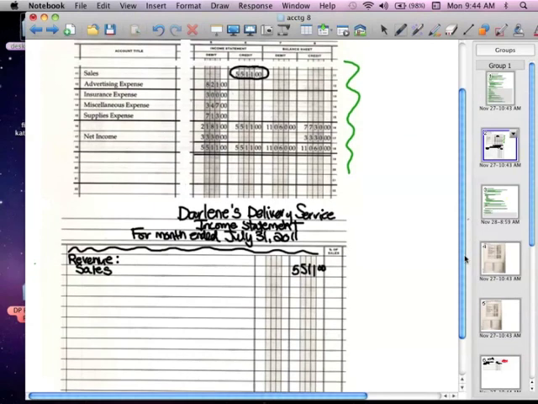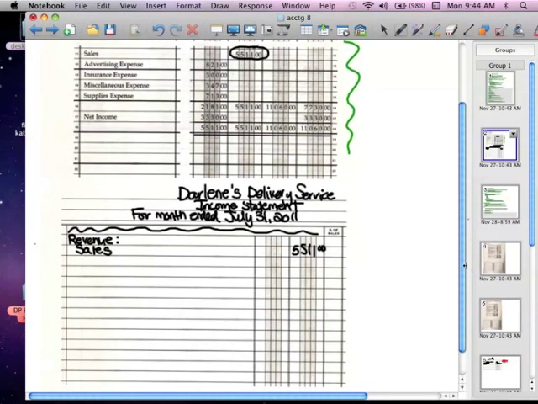Now we're going to go down a little bit further here. Our second section of the income statement is expenses. Remember, headings get written all the way to the left. Now you're going to take all your expenses in exact order from the worksheet and write them in.